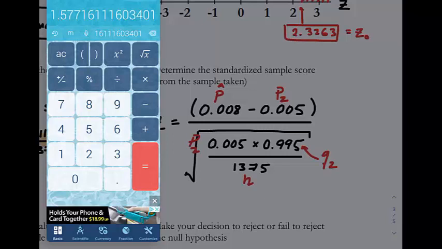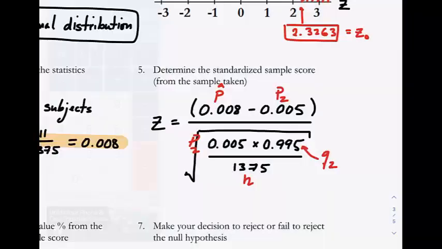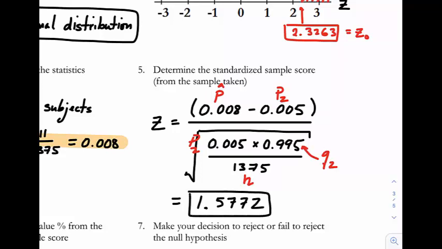So you should get 1.5772, rounded to 4 decimal places there for the critical value. So 1.5772.